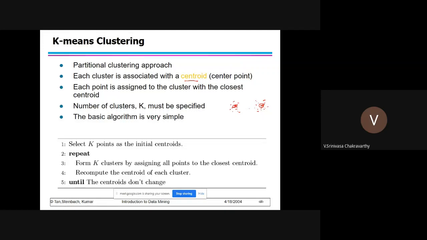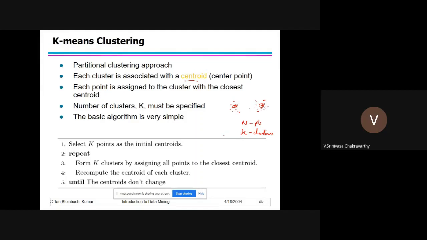So the basic algorithm is quite simple. Let's say you have n points in total, and I want to divide them into k clusters. How do you do that? You randomly select k points from the data set itself, from these n points, and initialize them as the centroids of the k clusters.